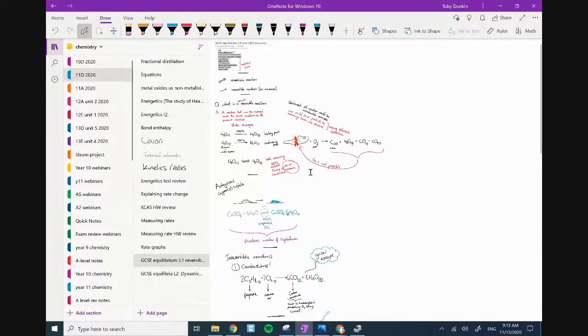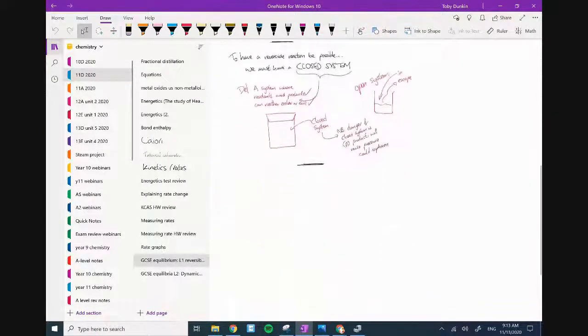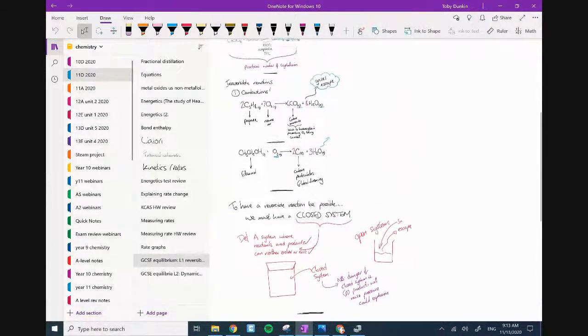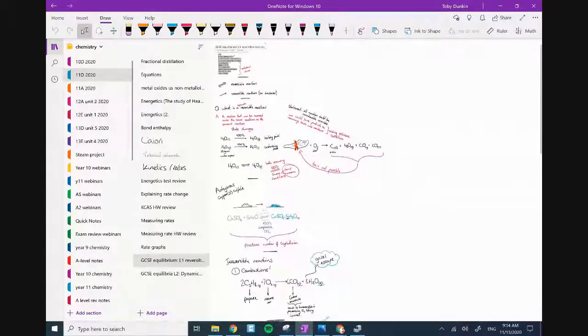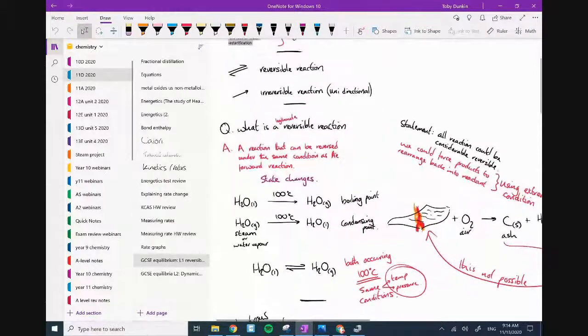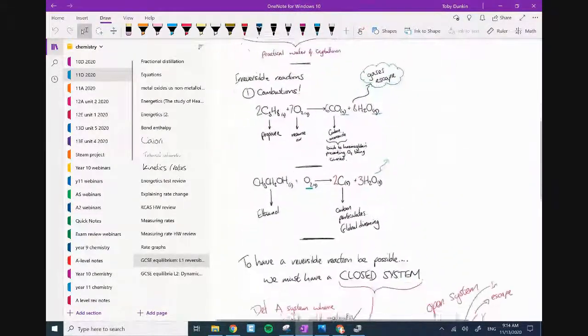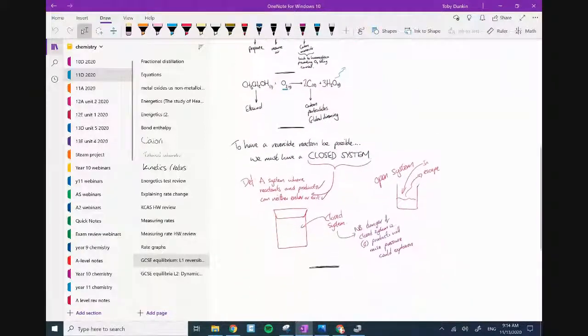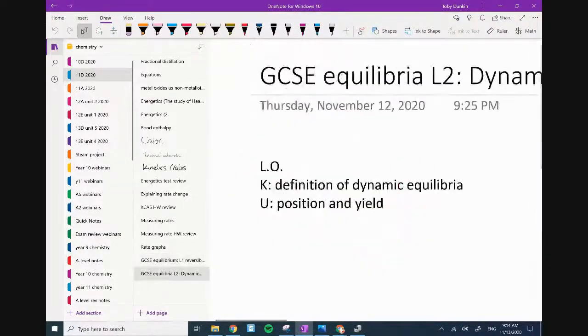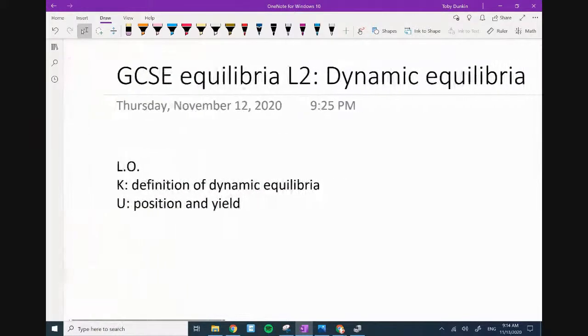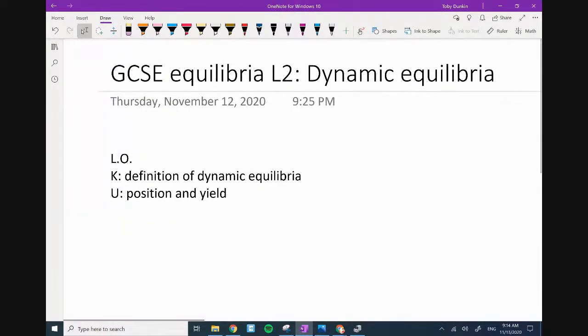We just talked last lesson about reversible reactions, and we mentioned the term closed system. We were defining what these were and when they happen, and this idea that some reactions can go backwards and forward under the same conditions. Today we look at those reactions in a bit more detail.